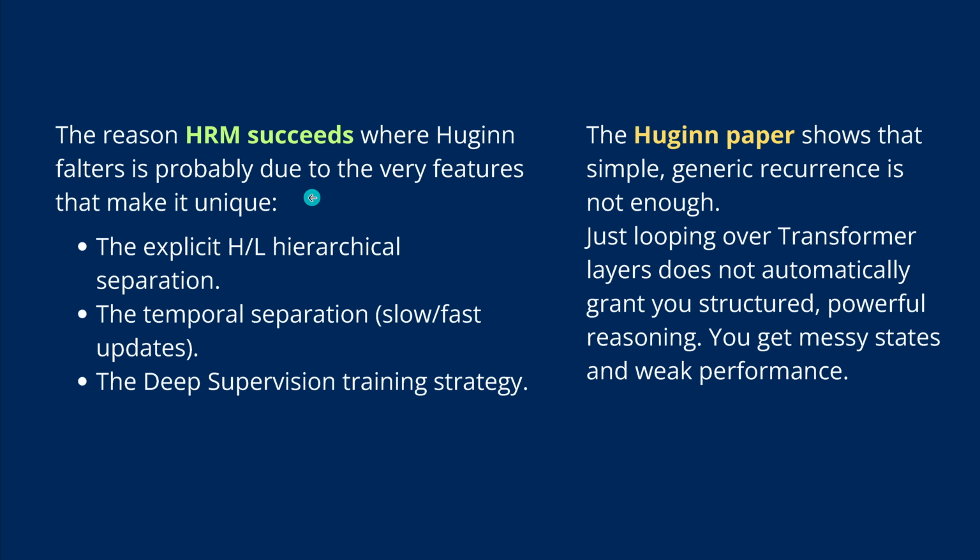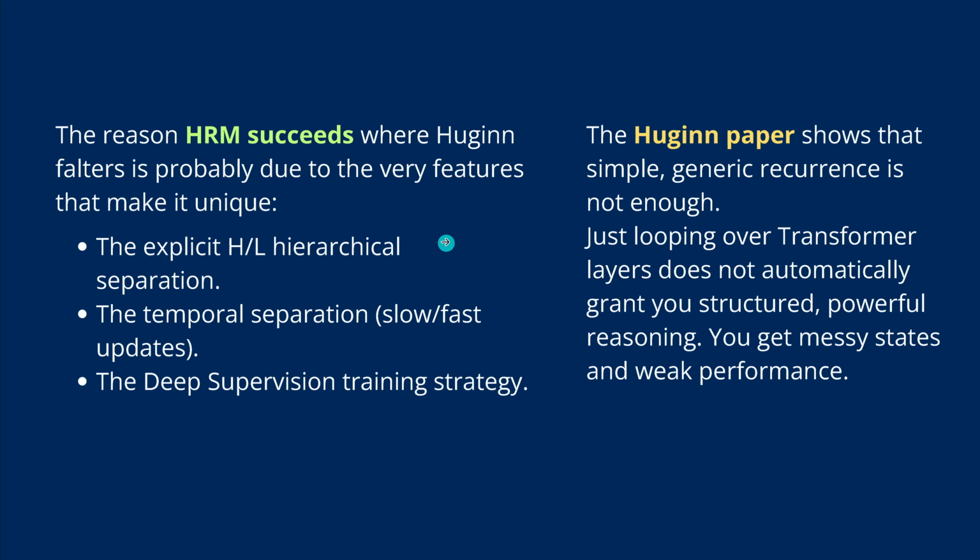And remember the 3 points I told you: with a high and a low system operating within HRM, we have a hierarchical separation, plus we have a temporal separation. Like this slow, fast update, like thinking 1 and thinking 2 for the humans. And then I specified the deep supervision training strategy for this particular configuration.